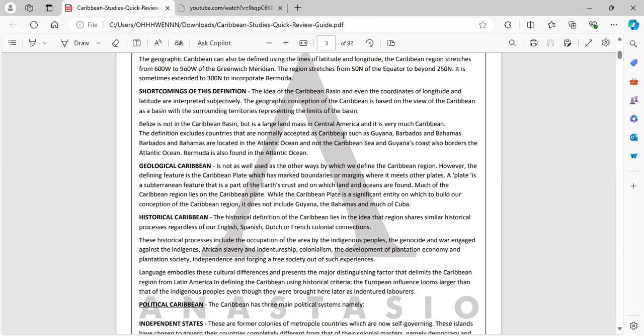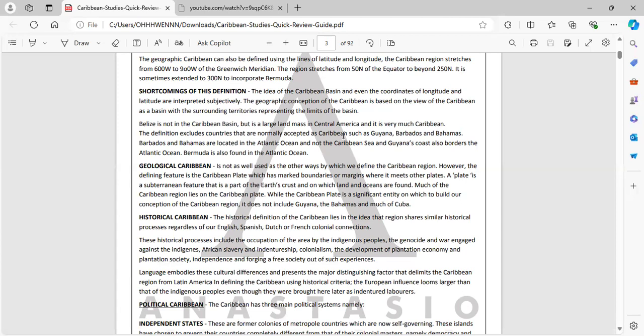So the shortcomings, I'm guessing that's the limitations of the definition. The idea of the Caribbean basin and even its coordinates of longitude and latitude are interpreted subjectively. The geographic conception of the Caribbean is based on the view of the Caribbean as a basin with the surrounding territories representing the limits of the basin.